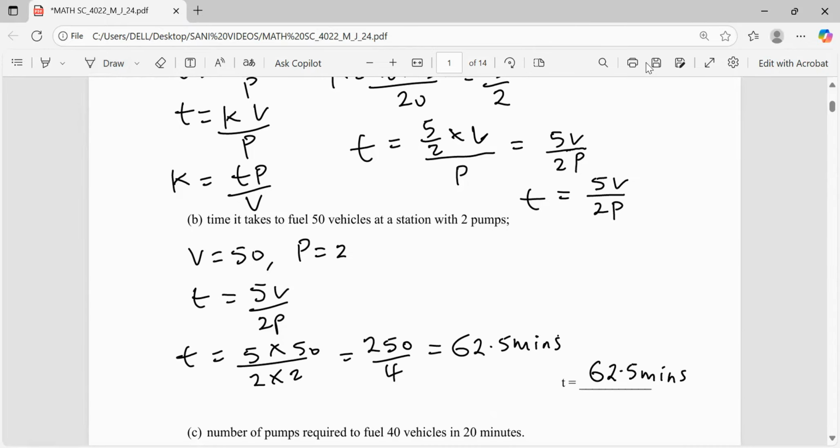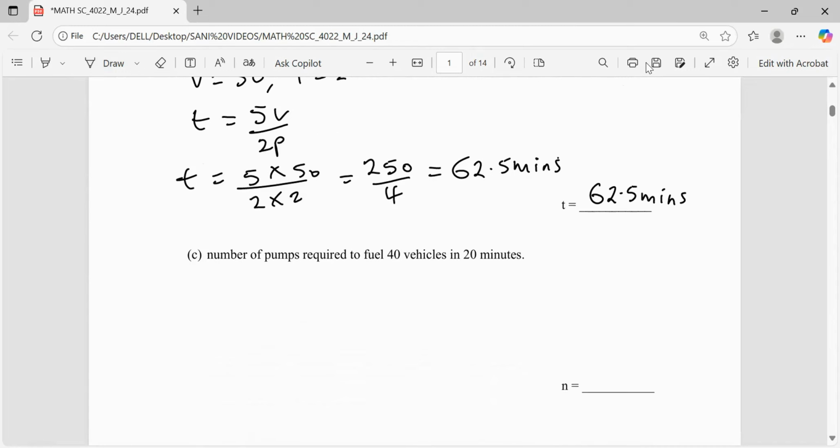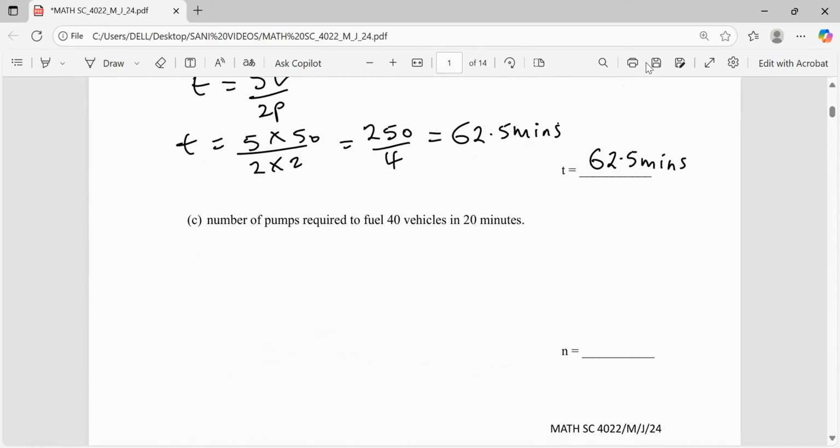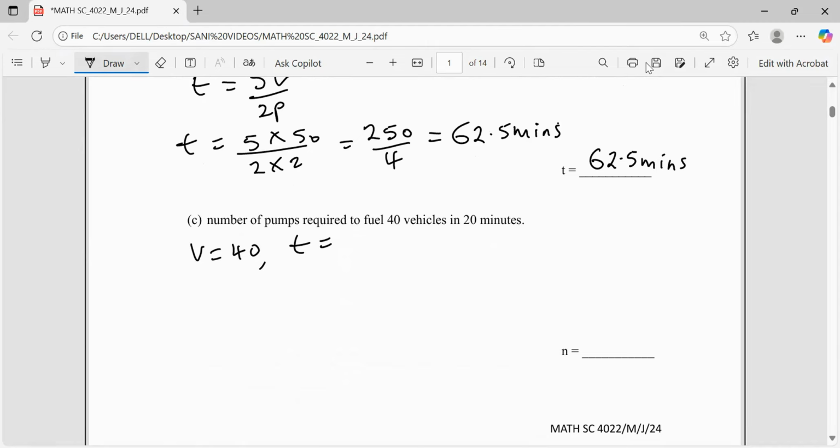So the third question, number 1, find the number of pumps required to fuel 40 vehicles in 20 minutes. So to find P, I have to find P when V equals 40 and T equals 20 minutes. So rearrange the formula.